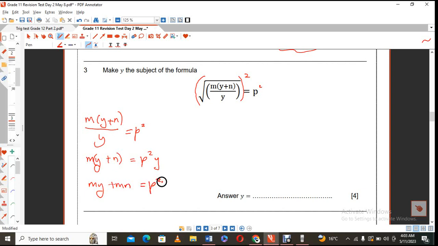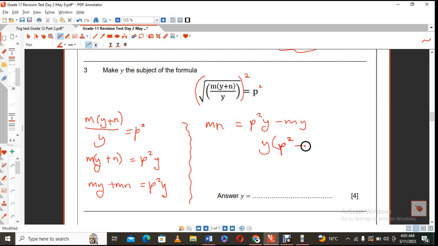The reason for that is because we want to have all the terms containing y on one side so that we can factorize. So that's p square y minus my. And now I'm going to take y outside by factorizing it, extracting it from there.